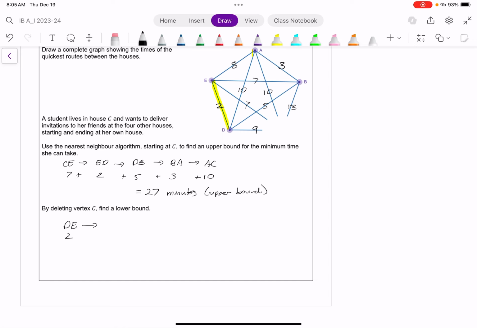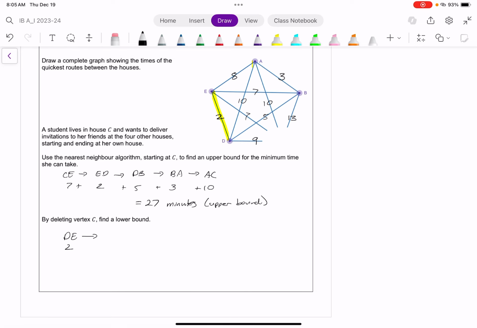And then find the next lowest, which is going to be DB, which is 5. And keep creating this minimum spanning tree. Next, it's going to be BA, which is 3.